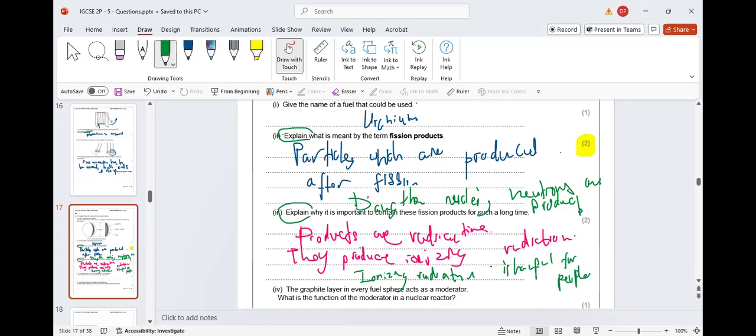Actually, I'm discussing these questions to show you what you need to write in an answer. Even though we have done so many questions and past papers, we still tend not to follow the instructions of the examiner when writing answers. When the examiner says explain, we do not really explain, we go on to describe. And we don't look at the number of marks given.